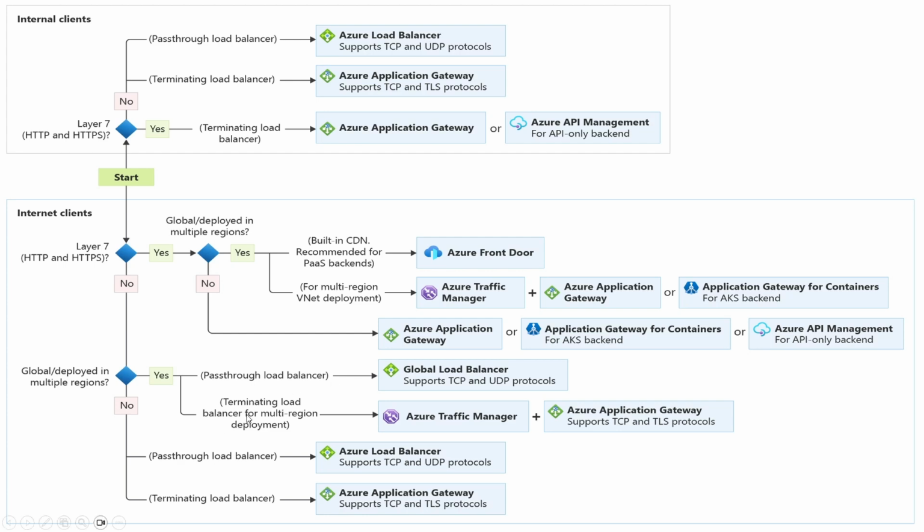Similarly, if you want to use a terminating load balancer for multi-region deployment, then go for Azure Traffic Manager plus Application Gateway. We said that Application Gateway does support TCP and TLS protocols. And if it is not a global deployment and you want a terminating load balancer, then Application Gateway. Otherwise, you have to use Azure Load Balancer.